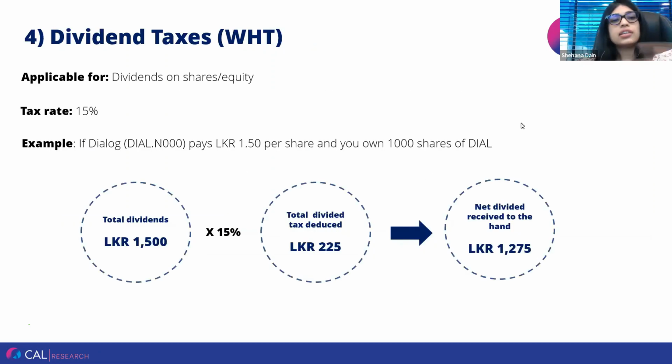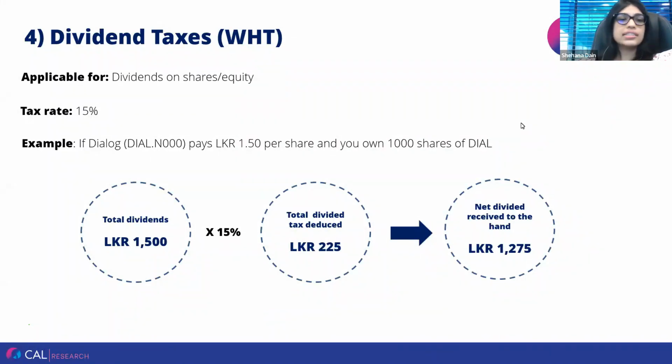So if you look at the final component when it comes to investment-related taxes, it's the dividend tax. The treatment for this is very similar to WHT, and why I say that is it's applicable again on dividends on shares and equity.